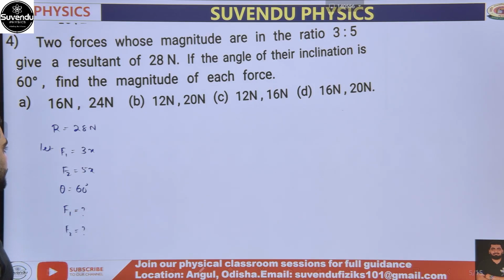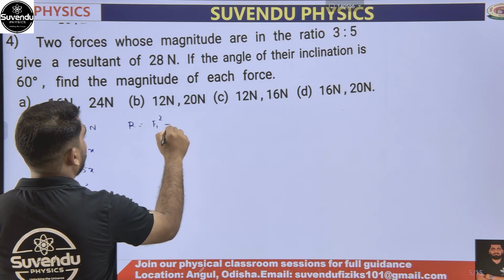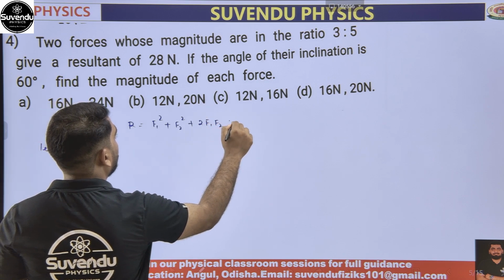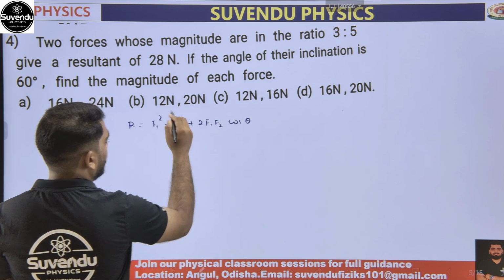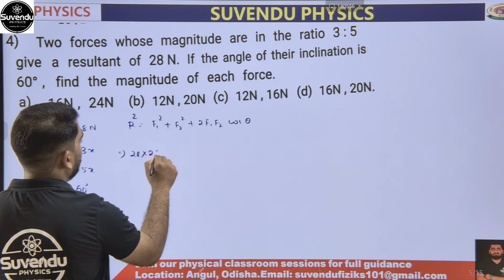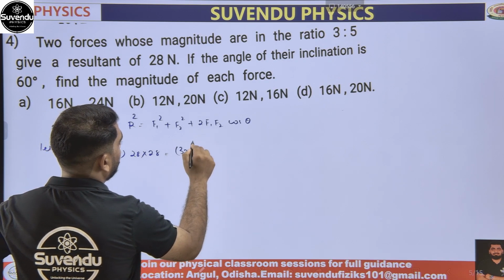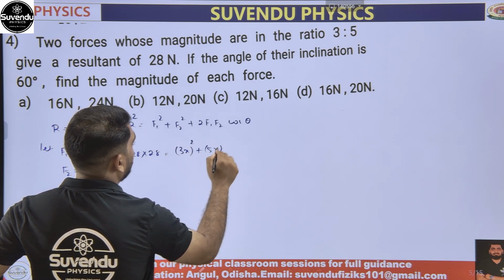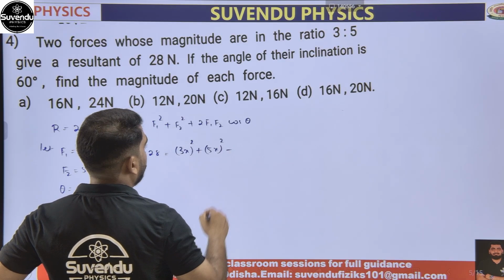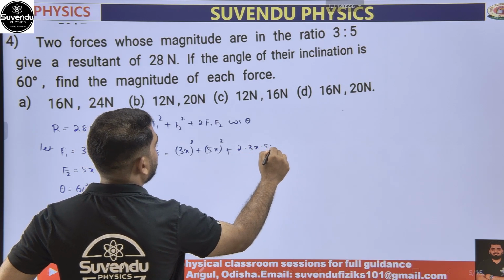So how to solve? We know R is equal to the square root of F1 square plus F2 square plus 2 F1 F2 cos theta. Squaring both sides, we get R square. We can write 28 into 28 is equal to F1 square, that is 3x whole square, plus 5x whole square, plus 2 into 3x into 5x cos 60.